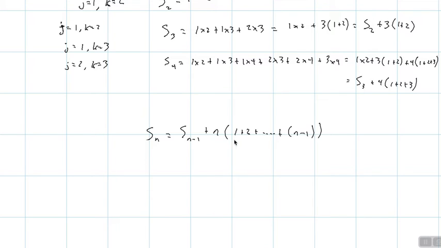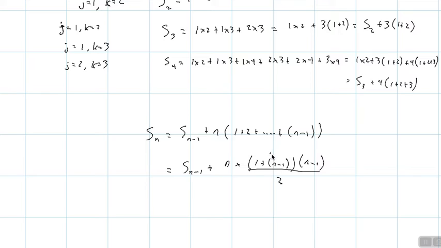And we can write this, using the arithmetic sum, as S sub n minus 1 plus n times (1 plus n minus 1) times (n minus 1) all over 2.